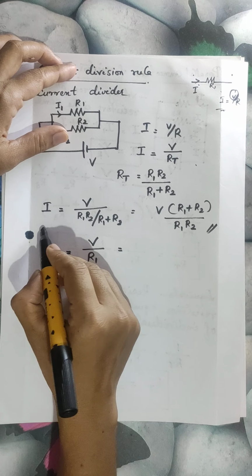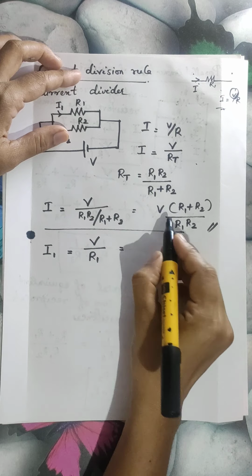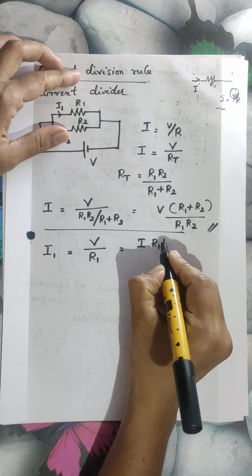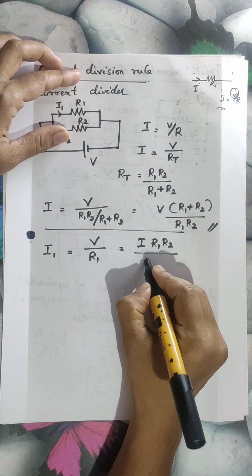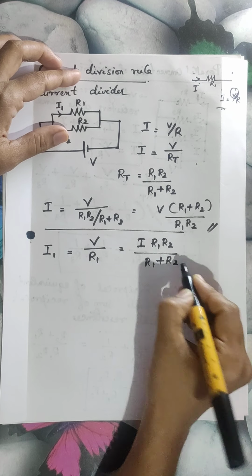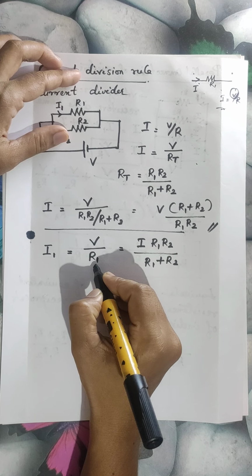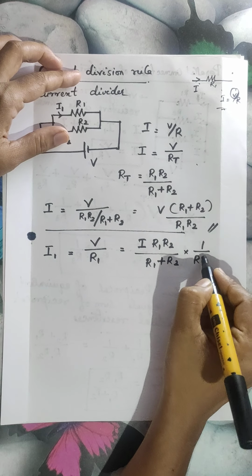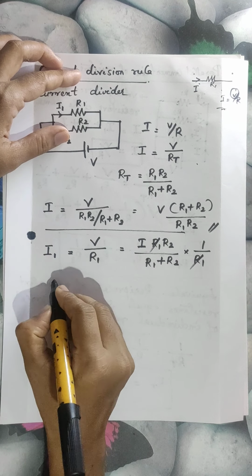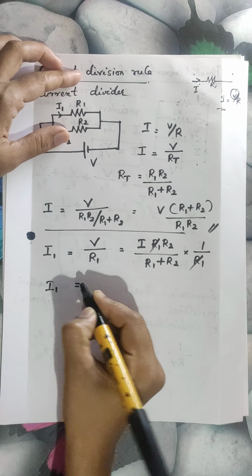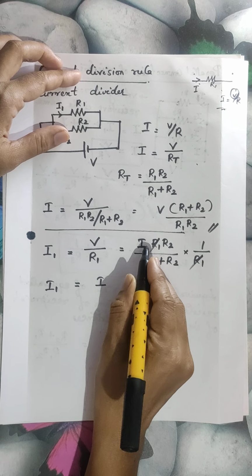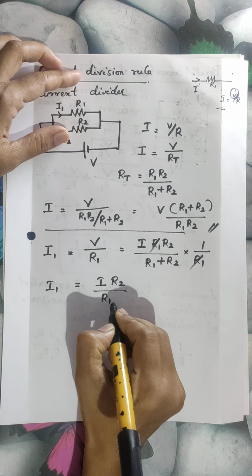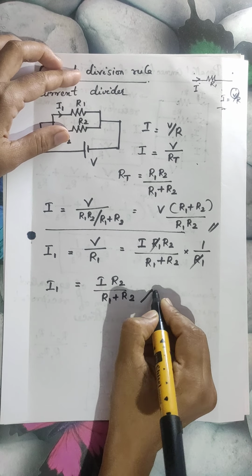So V divided by R1, so this into 1 by R1. So R1 and R1 get cancelled, and the remaining equation is I1 is equal to total current I into R2 divided by R1 plus R2. Okay.